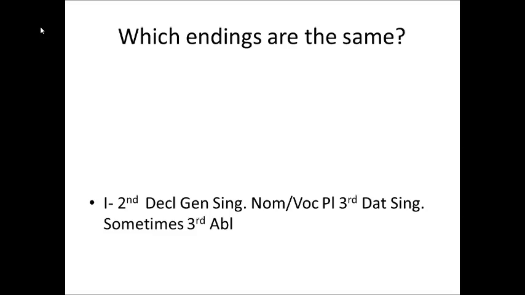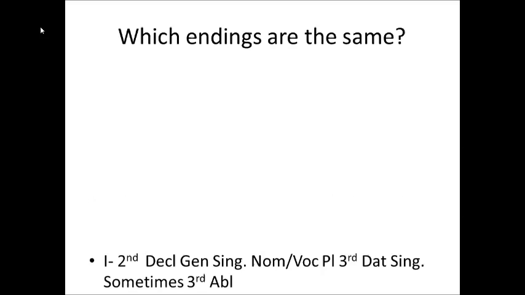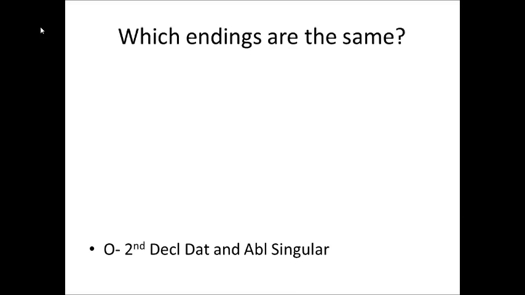And sometimes it can also be third declension ablative, especially with adjectives. We'll learn more about third declension nouns and adjectives that have that I ablative later. O can be second declension, dative, or ablative singular. Thank you.